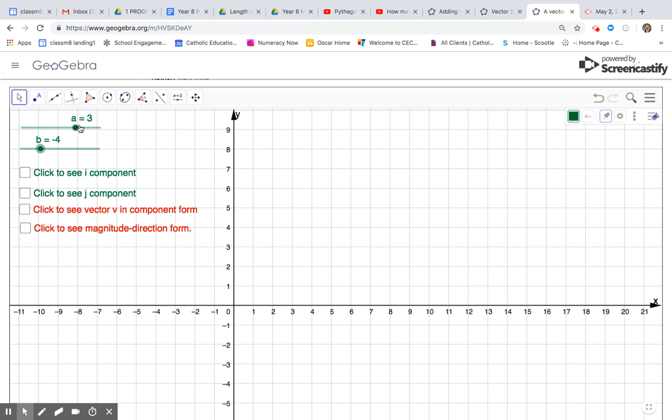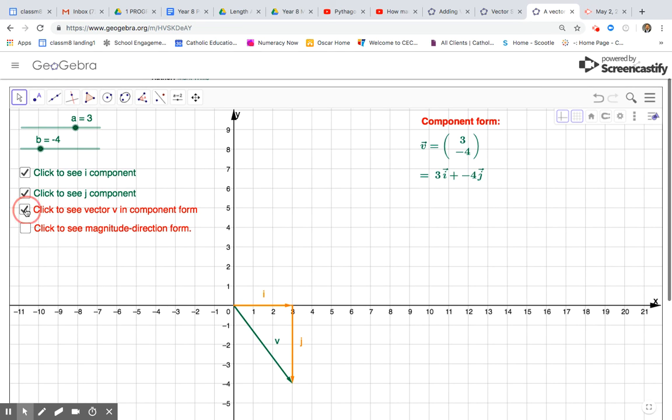But what you're going to have is the vector is going to be (3, -4) in that vertical form, or 3i minus 4j. So there's the i component. There's the j component. To see it in vector form, there's the vector there, or (3, -4), or 3 in the x direction and minus 4 in the y direction.